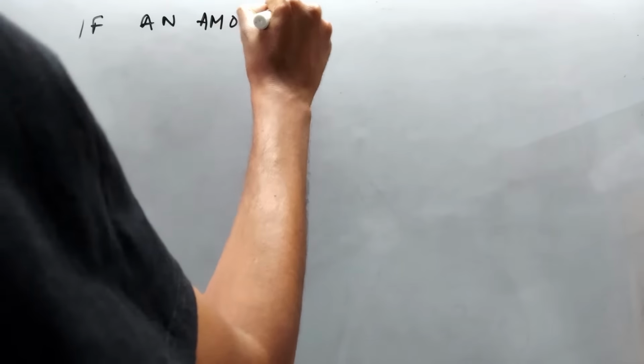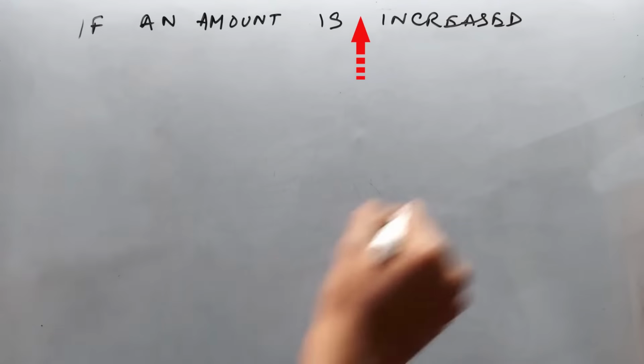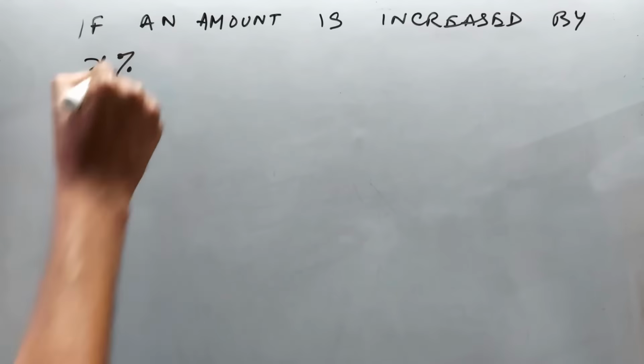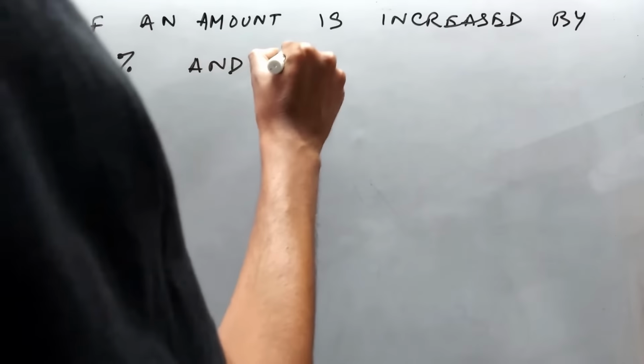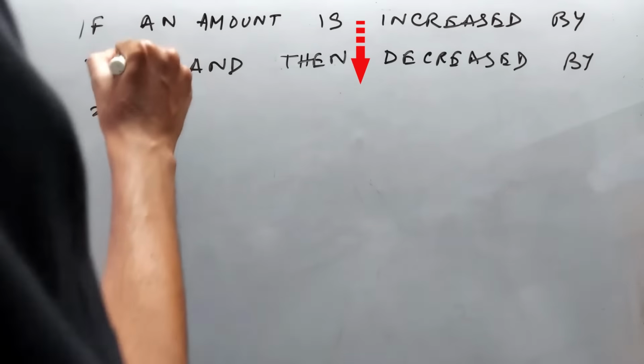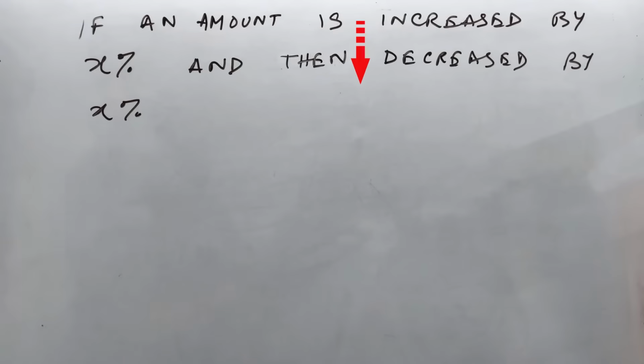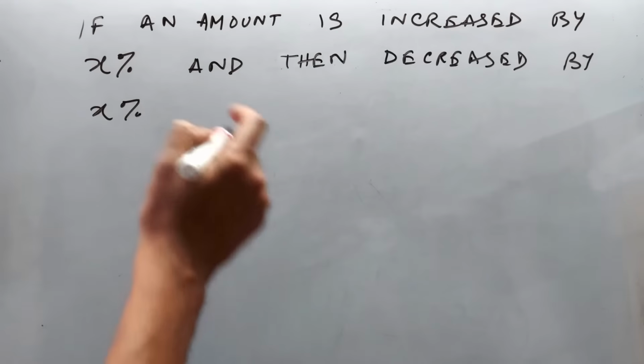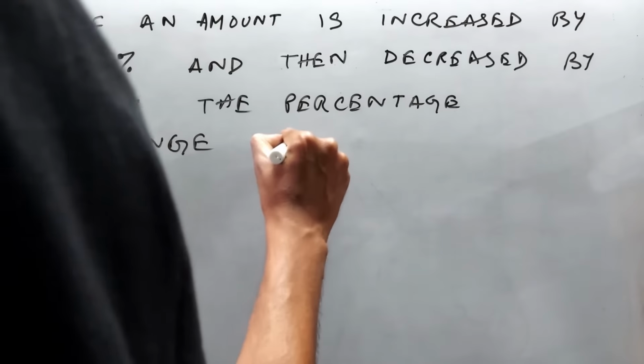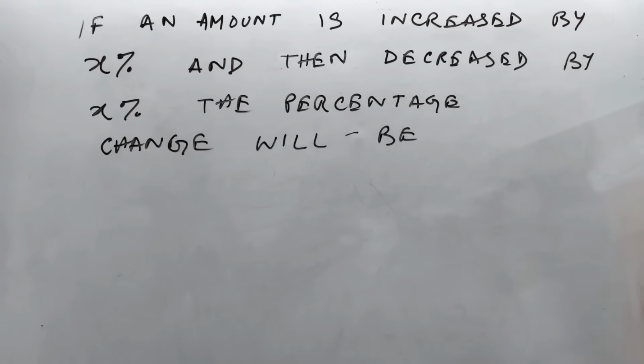Now very important part. If an amount is increased by X percent and then decreased by X percent, same value, same percentage, the percentage change will be, do you know this?